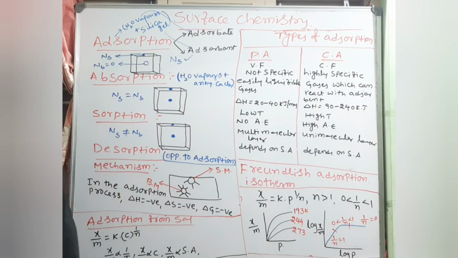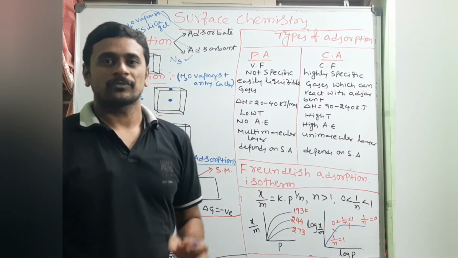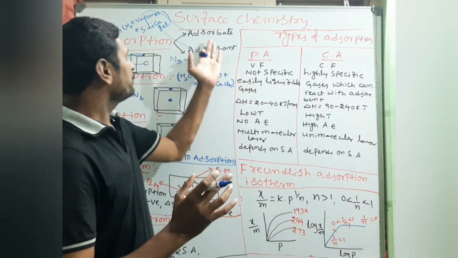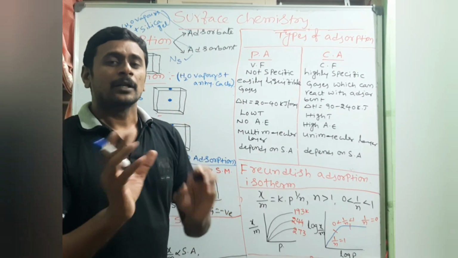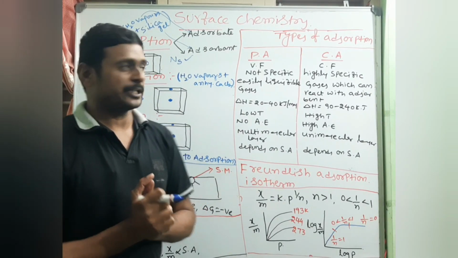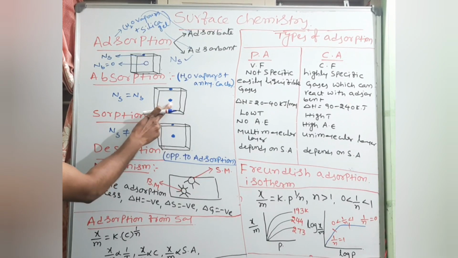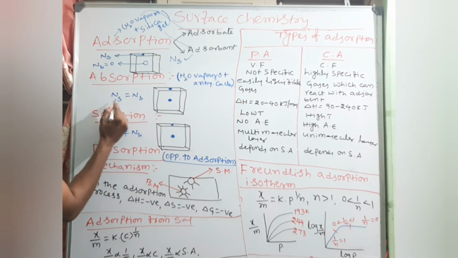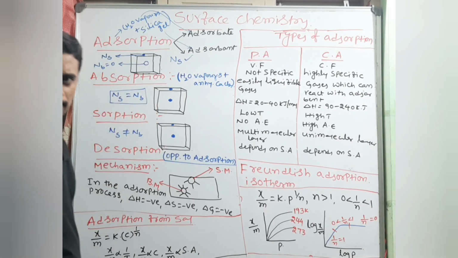Coming to absorption, it is a bulk phenomenon. The adsorbate molecules are uniformly distributed throughout the solid material. Uniformly distributed means it is present in the bulk and also on the surface, so in this process NS is equal to NB.